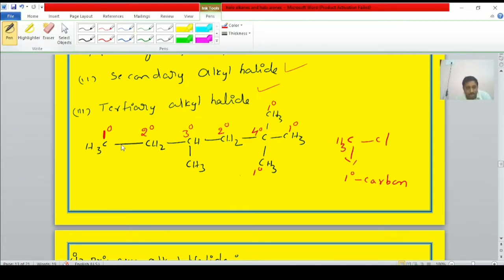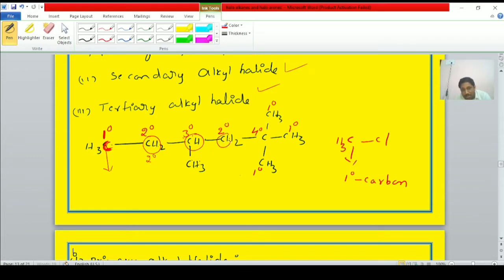Concentrate, students. If the carbon atom is bonded to only one carbon, it is known as a primary carbon. Hence it is which carbon, students? Primary carbon. If this carbon atom is bonded to two carbons, it is known as a secondary carbon. If bonded to three carbons, tertiary carbon.